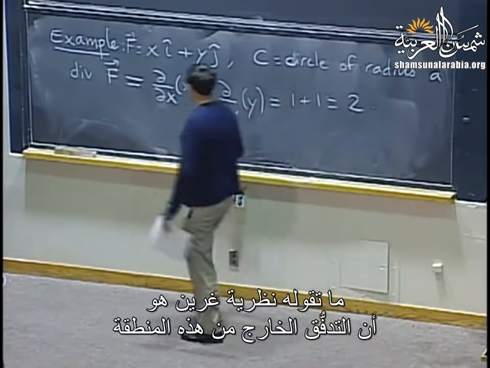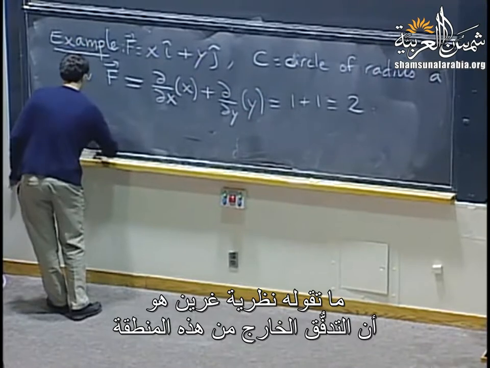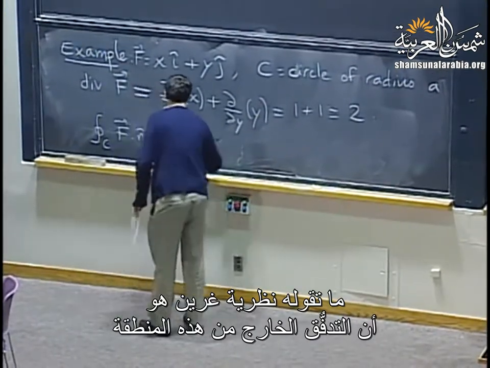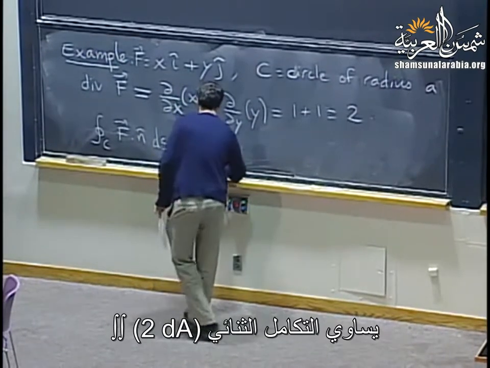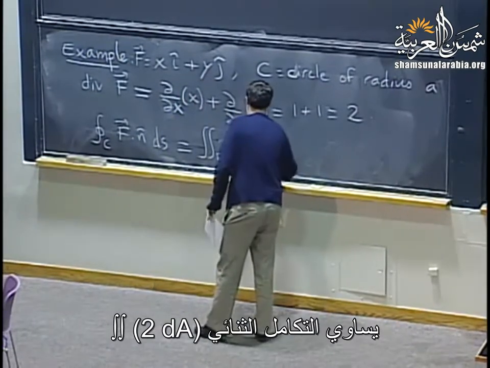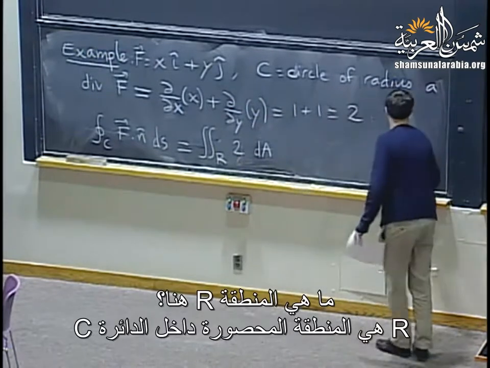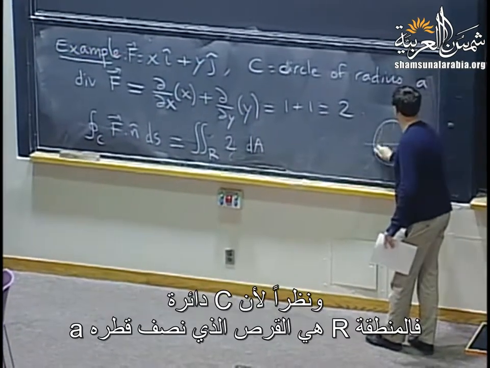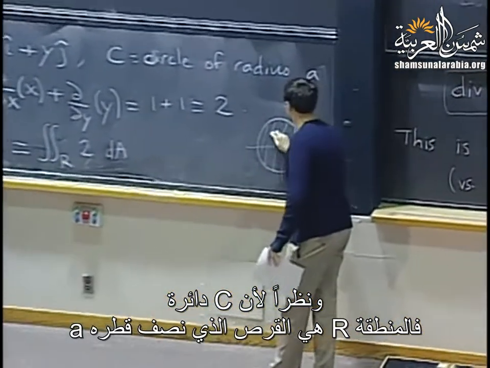Now, Green's theorem tells us that the flux out of this region is the double integral of 2 dA. What is R now? Well, R is the region enclosed by C. So if C is this circle, R is the disk of radius a.